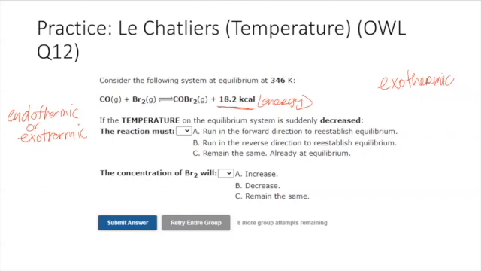So if we were to increase temperature, an exothermic reaction is going to react by pushing away from where the energy is. So if we increase here, he's going to push away to this side.